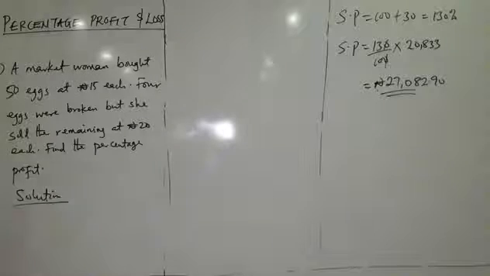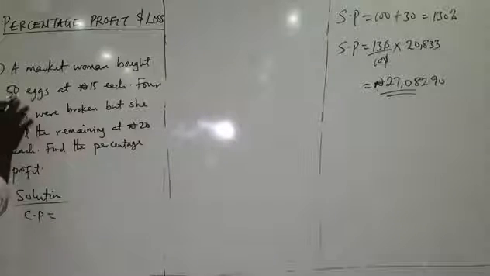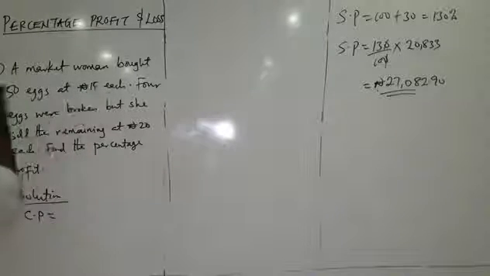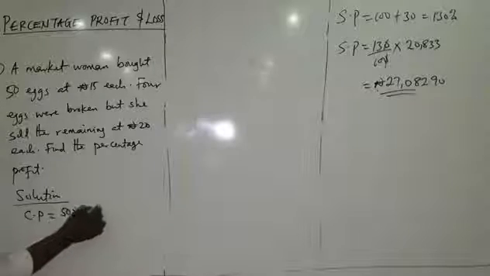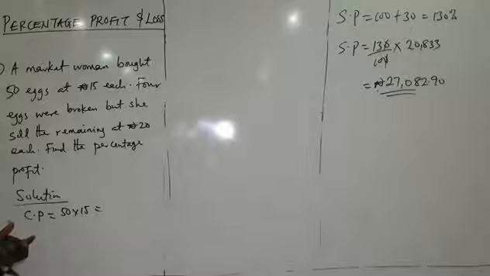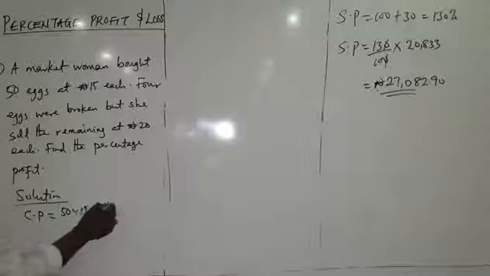So you must always analyze it. So let's find the cost price. Since she bought 50 eggs at 15 naira each, that will be 50 multiplied by 15, which gives us 750 naira.